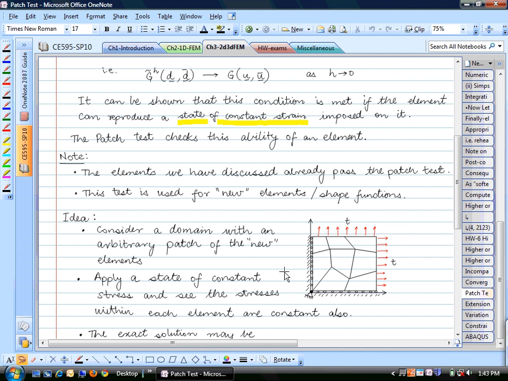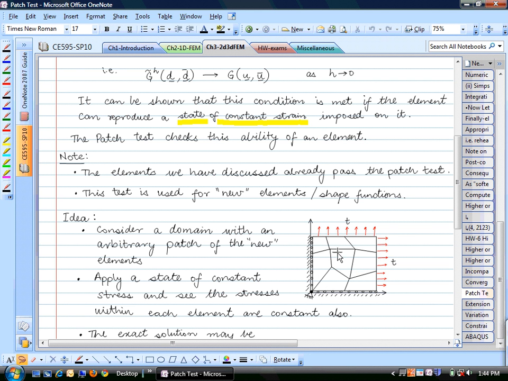And the way to do these patch tests, the most critical idea is right here. Let's say you have some domain and you impose, through the boundary conditions, a state of constant strain over this problem. The idea is that these internal nodes should move in such a way that that state of constant strain is exactly reproduced in every element.